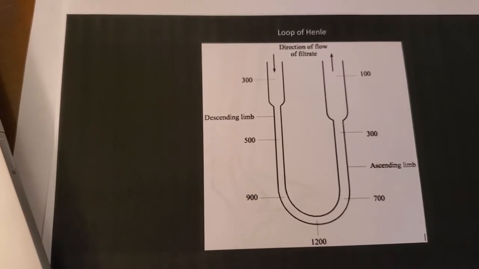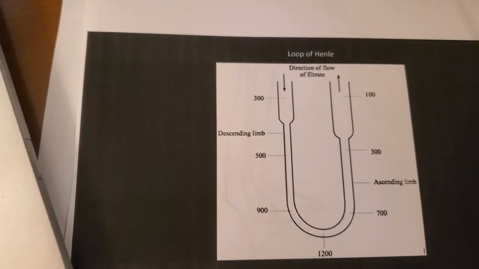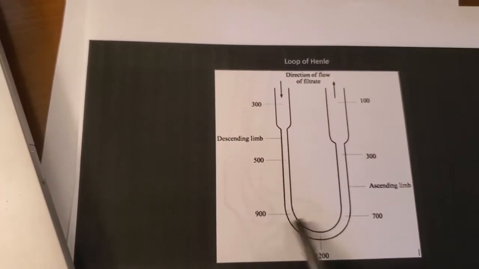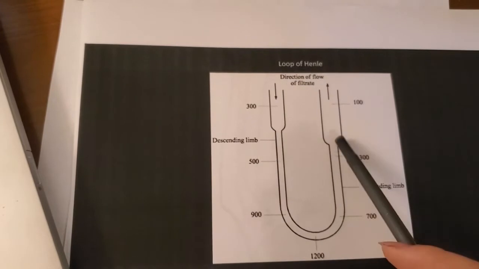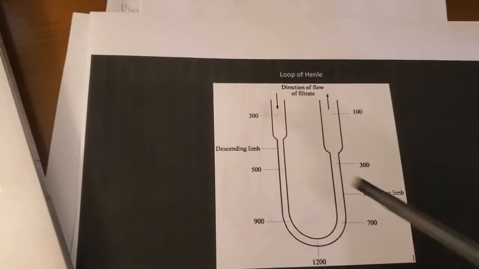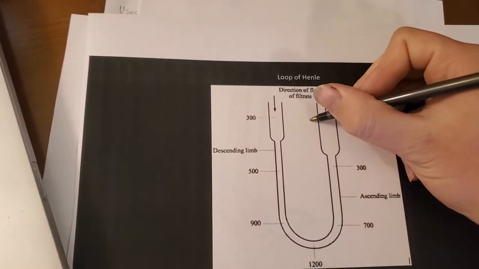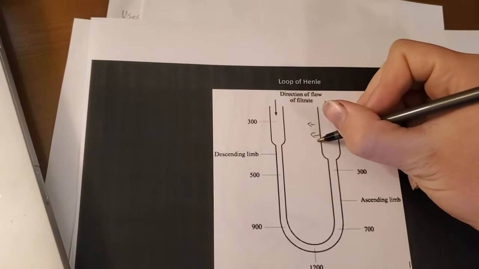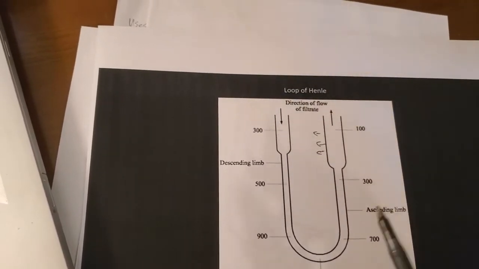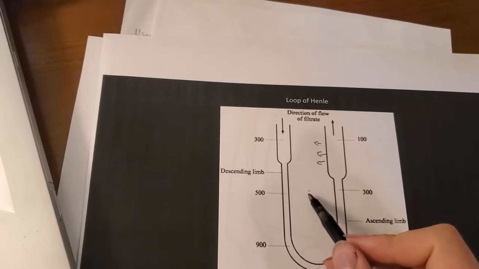So pretty much how it works is your filtrate will flow down through here, loops back around, and on this side salt will actually permeate inward through here, and what it does is it increases the concentration of salt in the center area.